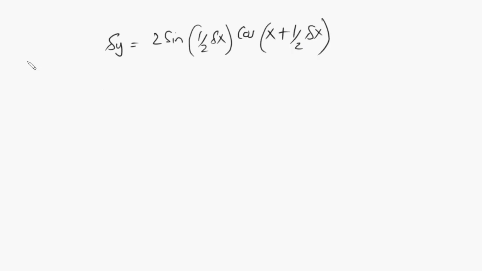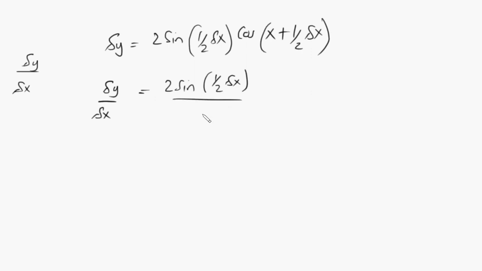But I am looking for delta y over delta x, differentiation by first principle, remember. So I will divide by delta x both sides, and I remain with delta y over delta x equals 2 sin 1 over 2 delta x, divided by delta x, without forgetting cos x plus 1 over 2 delta x.